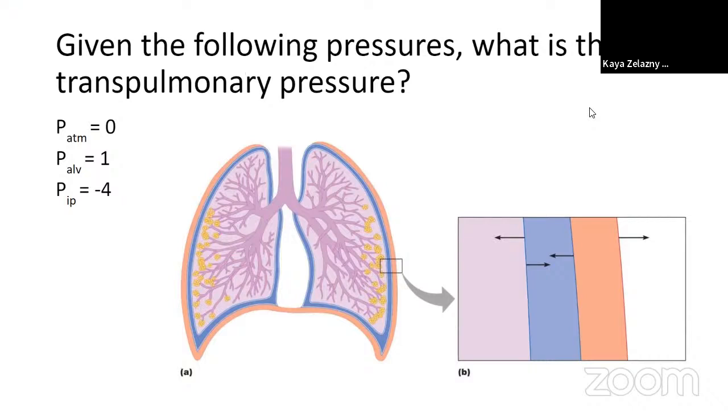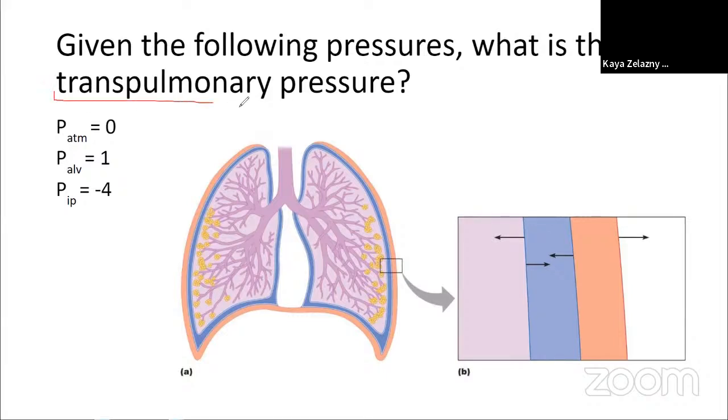We do have one other measurement we may be interested in, and this would be more important if you're thinking about interventions, like putting someone on a respirator. To calculate our transpulmonary pressure, this is asking us what the difference across the lung is. So not comparing to the external environment, but just comparing to within this pleural sac.